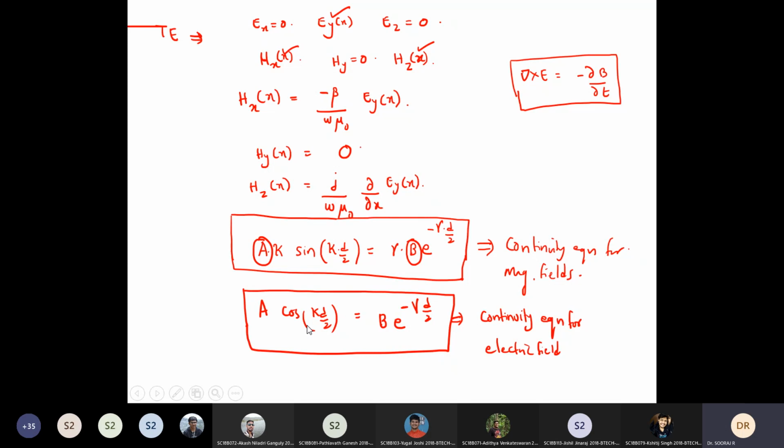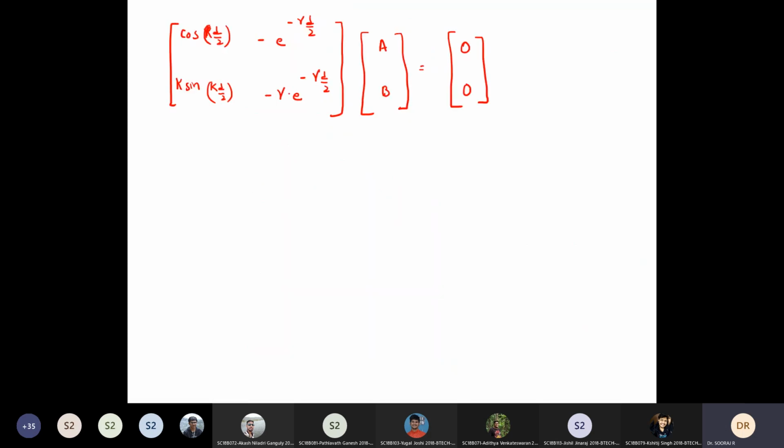So if you have a matrix of this form, then you are trying to find the solution. The most trivial solution is A and B equal to 0. But we are not interested in that case, because if A and B are 0, then there is no wave and no waveguide, which is not interesting.